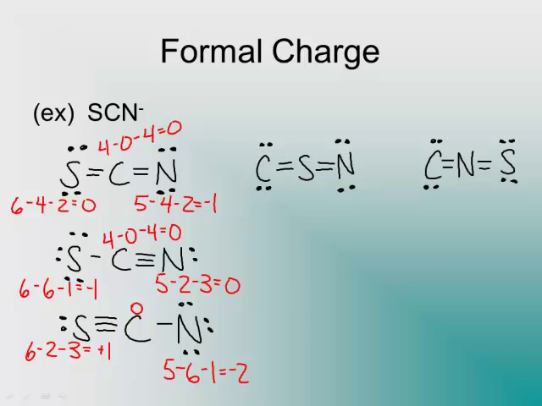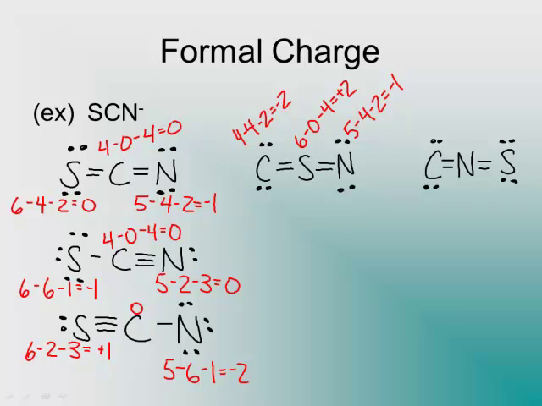In the Lewis structure drawn in the middle, carbon would be 4 minus 4 minus 2, which is negative 2. Sulfur would be 6 minus 0 minus 4 for a positive 2. This Lewis structure is definitely going to lose. Nitrogen here, 5 minus 4 minus 2 for a negative 1.